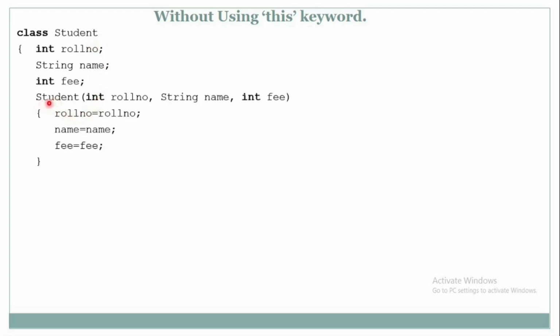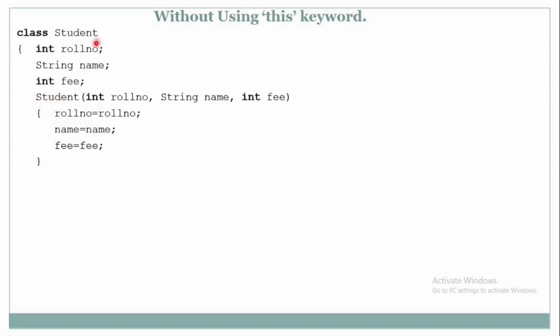Now we'll understand the use of the this keyword. We'll consider a simple program and understand the effect of this keyword. In this program we will not be using this keyword. Class student: roll number, name and fees are all instance variables. Student here is a constructor.